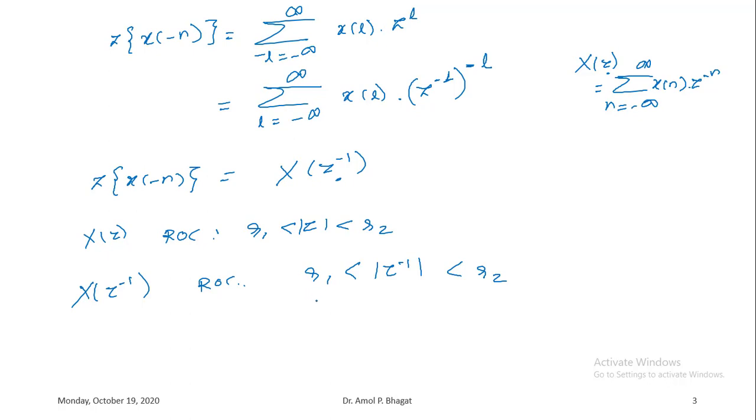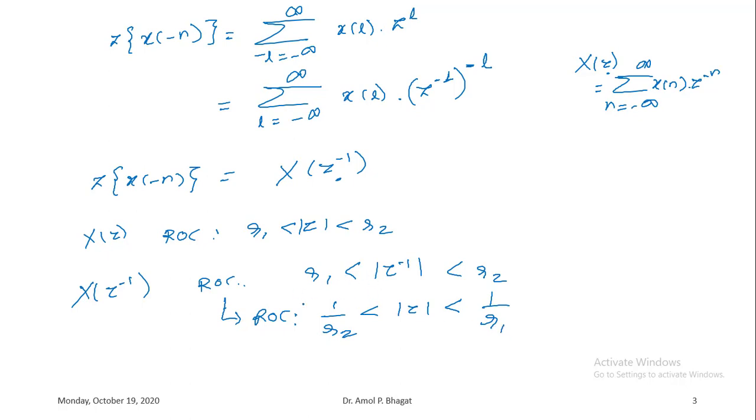Taking 1 upon Z inverse, that is Z, we get Z less than 1 upon R1, and here 1 upon R2 less than Z. That means Z is greater than 1 upon R2 but less than 1 upon R1. So this ROC can be simply written as 1 upon R2 less than mod Z less than 1 upon R1.